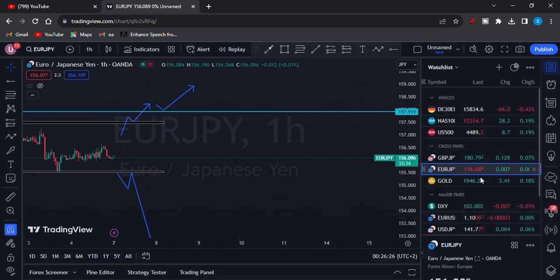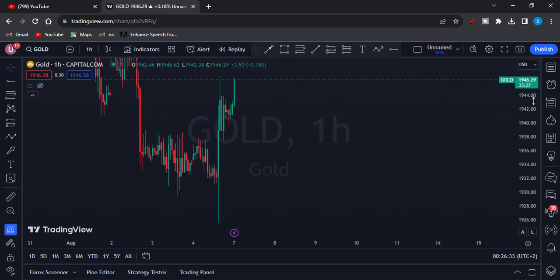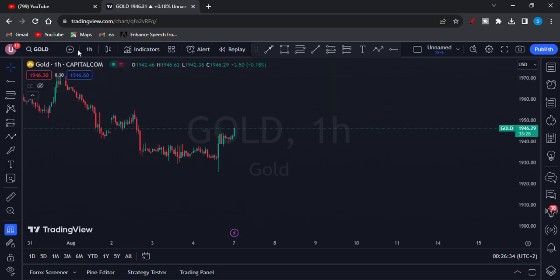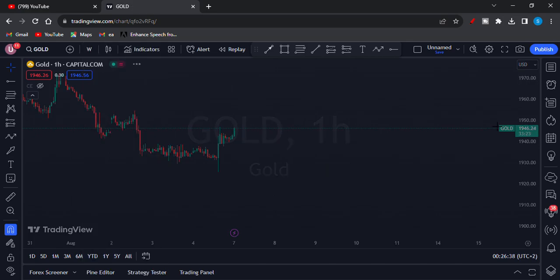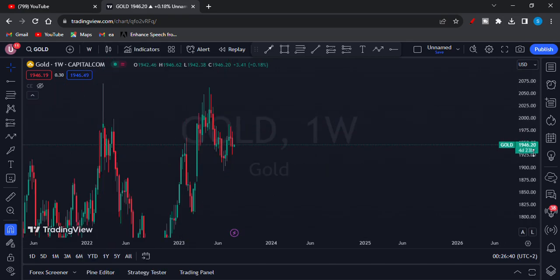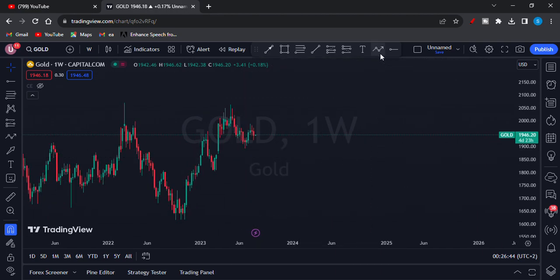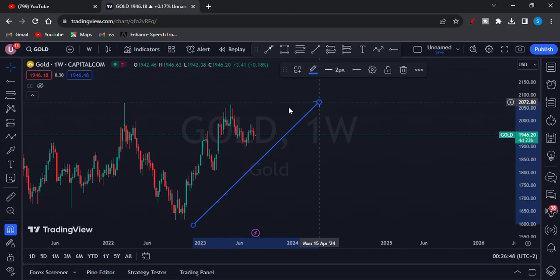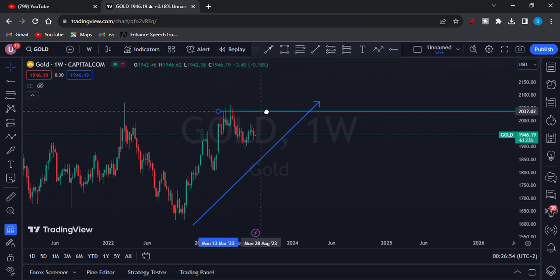And then let's go to gold. Then let's go to weekly. So for gold on a weekly, we are on an uptrend. And then it's possible that we're heading towards this price right here.